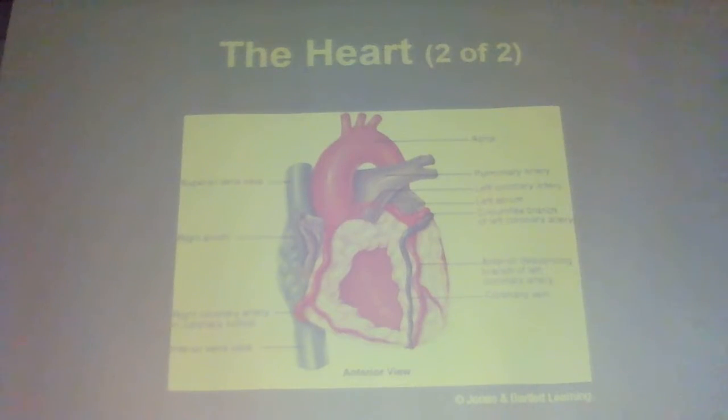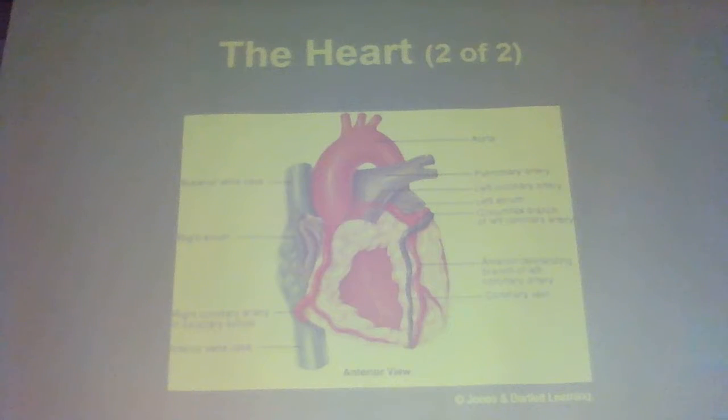Okay. Your left coronary artery, the main part of it's called the left main, or the LCA. And then it splits into the left anterior descending artery and the circumflex artery. So the LAD provides blood flow to the ventricular septum, and what's important about the septum?